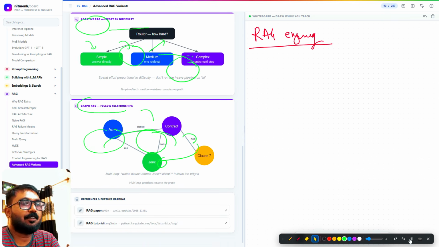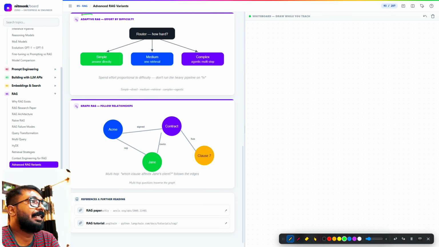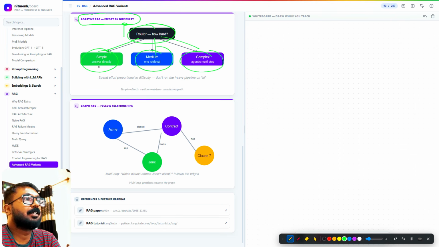There is adaptive RAG. I keep telling you so that you understand it completely. Adaptive RAG is effort by difficulty. A router decides how hard the question is: simple, medium, or complex. For complex, we'll go agentic multi-step. For medium, we'll go with one retrieval. For simple, we'll answer directly.